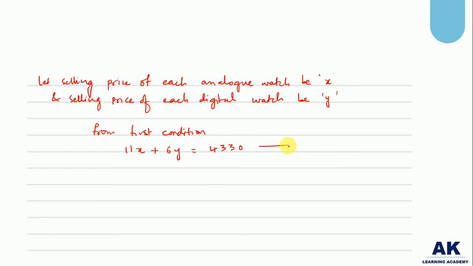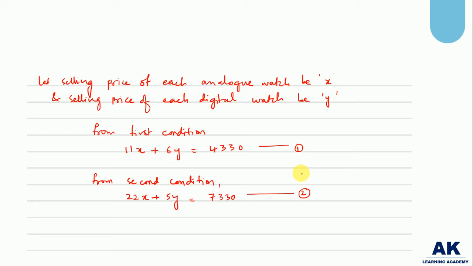So this is the first condition, equation 1. From the second condition, I can write 22x, that is 22 analog watches, plus 5 digital watches, that is 5y, is equal to 7330, the total selling on the second day. Let's consider this equation number 2.